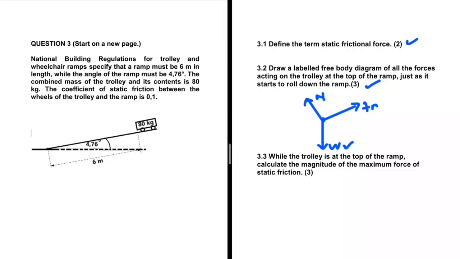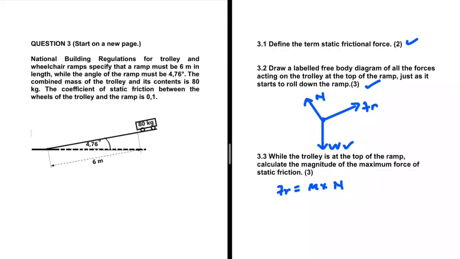That is 3.2. And 3.3, while the trolley is at the top of the ramp, calculate the magnitude of the maximum force of static friction. So if we want frictional force, we take the coefficient and multiply it by the normal force. The coefficient is 0.1.